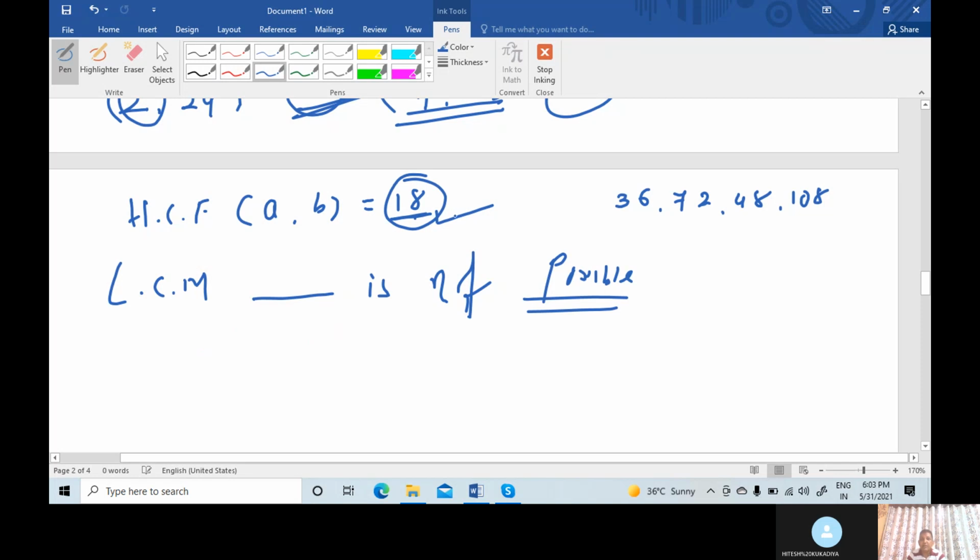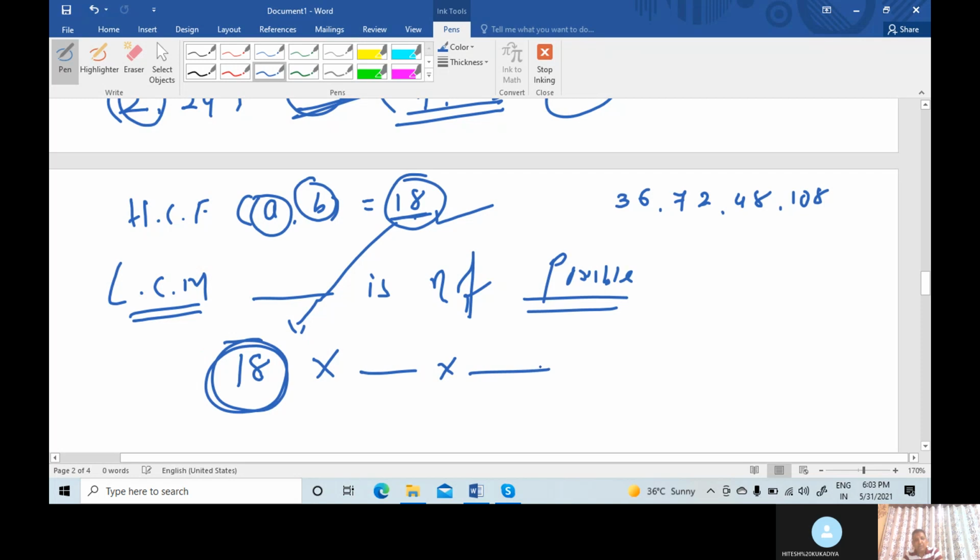Table of A and table of B, the answer 18 is possible. It is called HCF. And when we find LCM, first we always write the HCF, then all the remaining factors of these two numbers A and B. Is that clear?